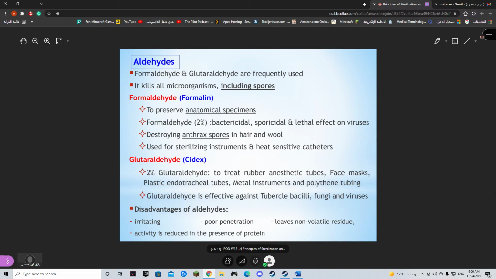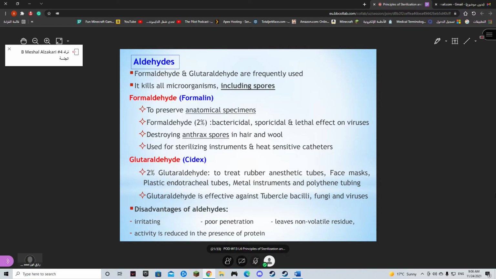So aldehydes: we have formaldehyde and glutaraldehyde. Okay, very important, very important. These chemicals are important because they include killing spores. Formaldehyde is used to preserve the anatomical specimens that you use in your anatomy lab. Just ask Dr. Juma what he is using. He is using formalin. That's why there is a very bad smell in the anatomy lab once you go inside. So 2%. How much?